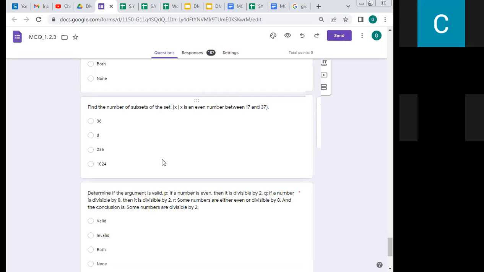Okay. What numbers come there? 18, 20, 22, 24, 26, 28, 30, 32, 34, and 36. 10 numbers are there. So how many subsets will be there? 2 raised to 10, that is 1024. Okay. Last option is the answer for this question.